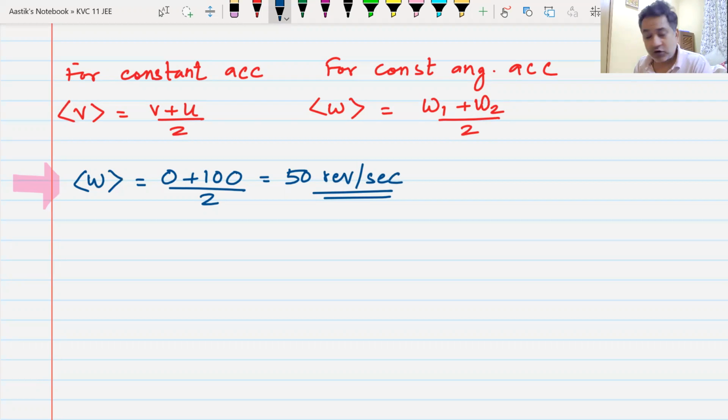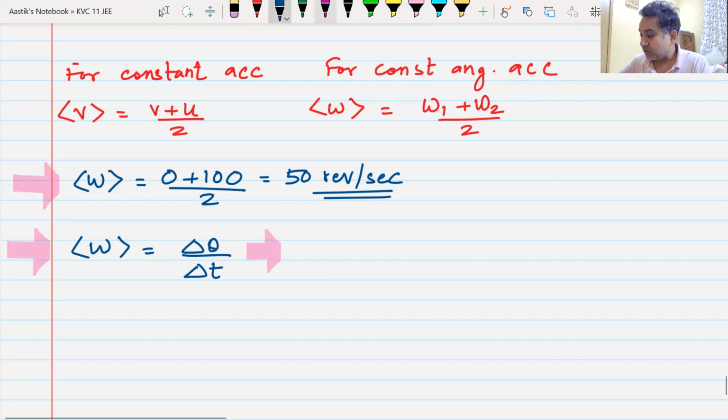As soon as you got the value of average angular velocity, you could have used this formula: average angular velocity is total angular displacement divided by total time. From this, you could have straight away got total angular displacement as average omega multiplied by t.